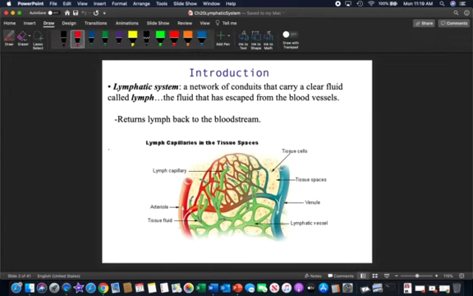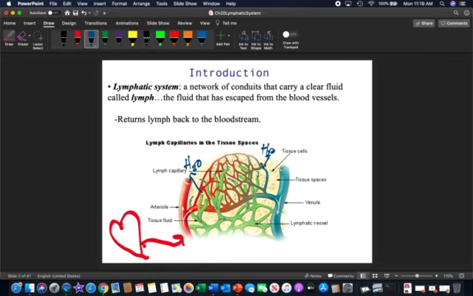Again, because the heart is over here on the arterial side, we create hydrostatic pressure, and that hydrostatic pressure causes water to be filtered out on the arterial side. Now, because of the plasma proteins and colloidal osmotic pressure, water then typically gets reabsorbed on the venule side.